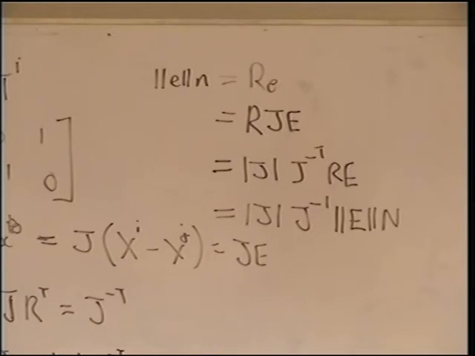Now that we know how to transform the normals and the edges, that wasn't actually what we cared about. What we cared about was what happens to the normal and tangent components of a function defined on the triangle.